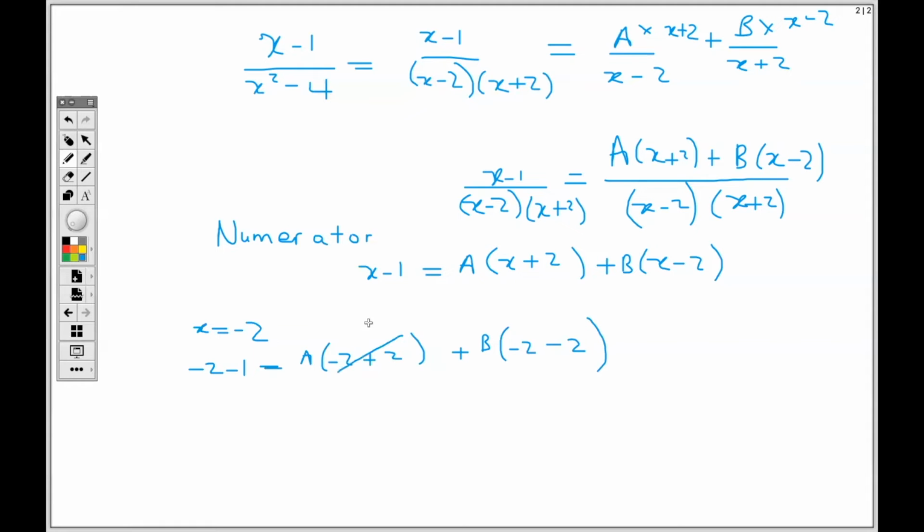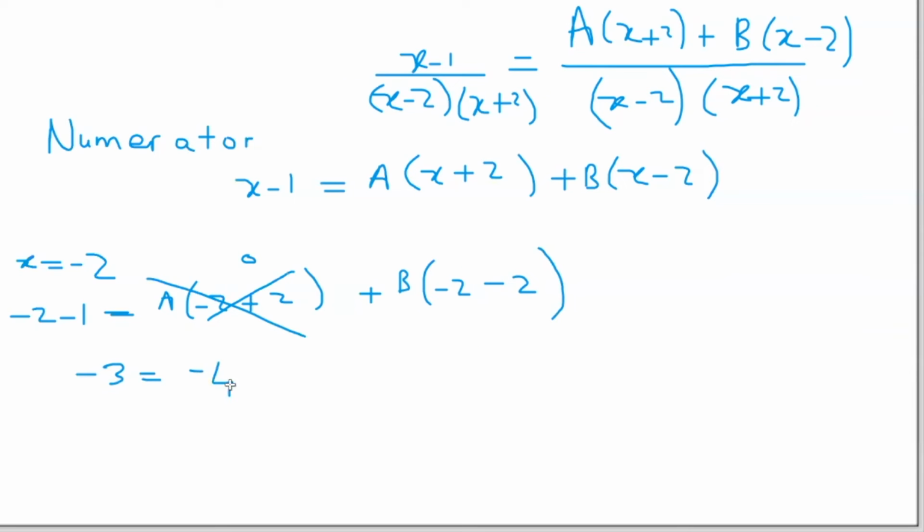So this would be 0, because minus 2 plus 2 is 0, so 0 times A is 0. Minus 2 minus 1, that's negative 3, and minus 2 minus 2, that's minus 4. So I can write minus 4B. Now divide both sides by negative 4. When we divide both sides, this cancels, and I'll be left with minus 3 over minus 4, which is the same thing as 3 over 4.